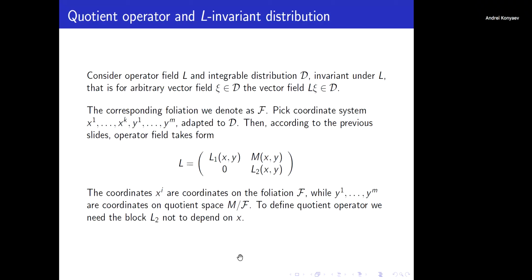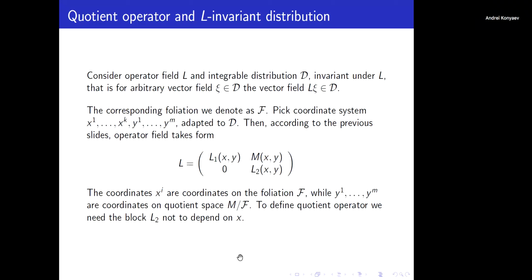So primarily in this part, we deal with the integrable distribution. As you may recall, a distribution is a collection of subspaces. It means that at each point of the manifold, you pick a subspace of the tangent space. Then those subspaces should be locally generated by a collection of vector fields.